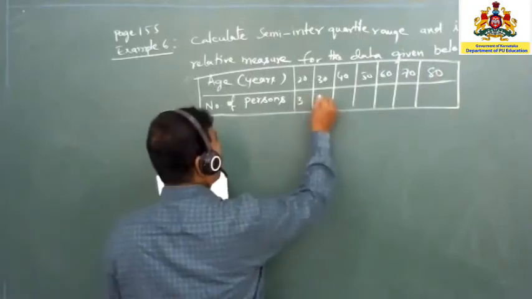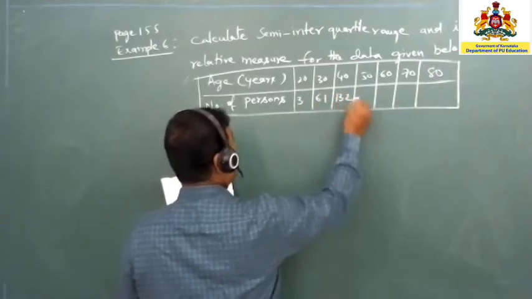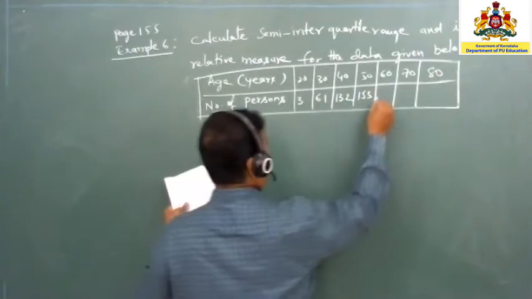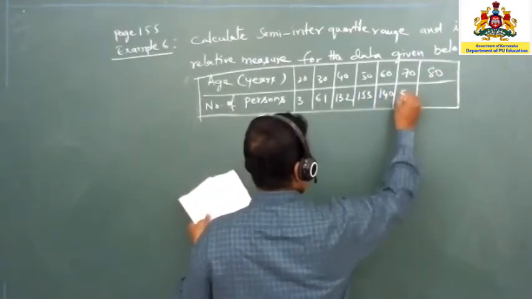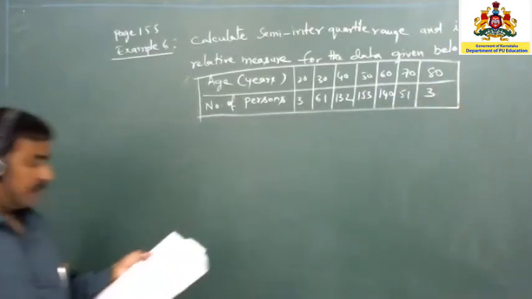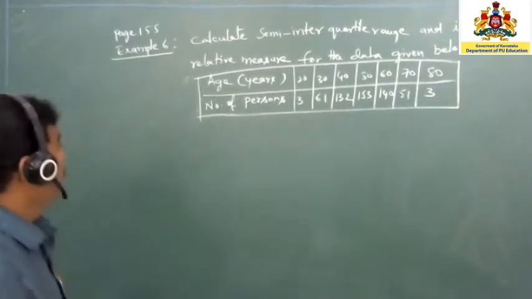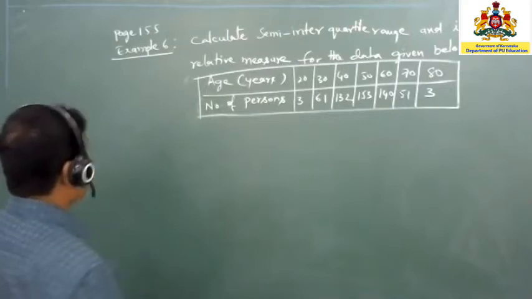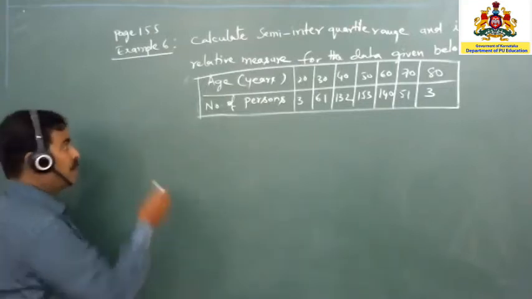Values: 3, 61, 132, 153, 140, 51, 3. It is the given question. So now the solution.